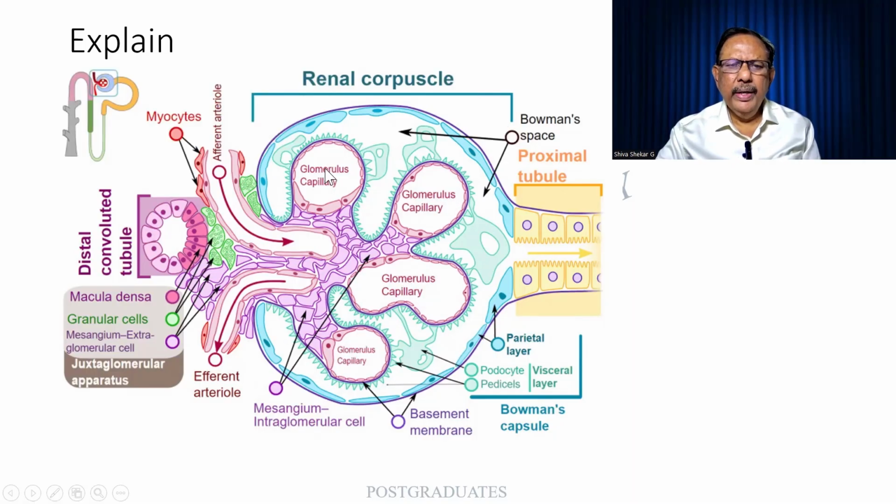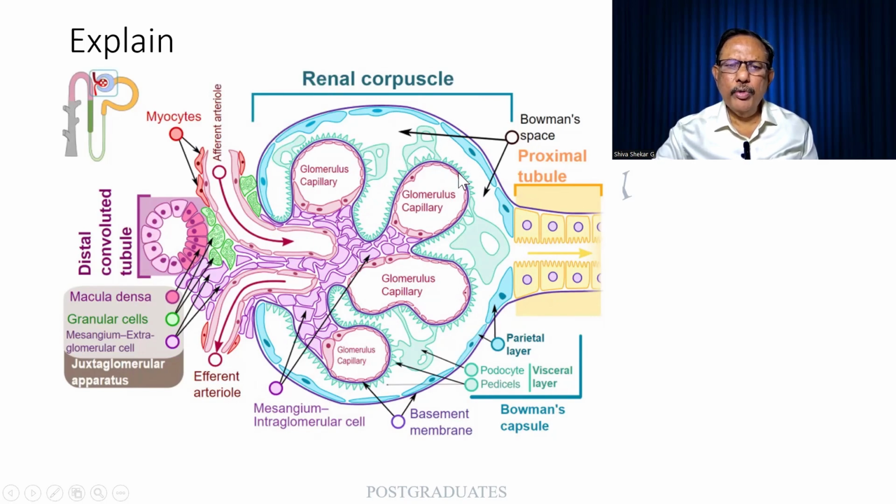capillaries. When I say glomerulus, a glomerular capillary, you find any capillary will be having an endothelium. Endothelium is the inner lining. But this capillary strangely has an epithelium also. So this is an epithelium.